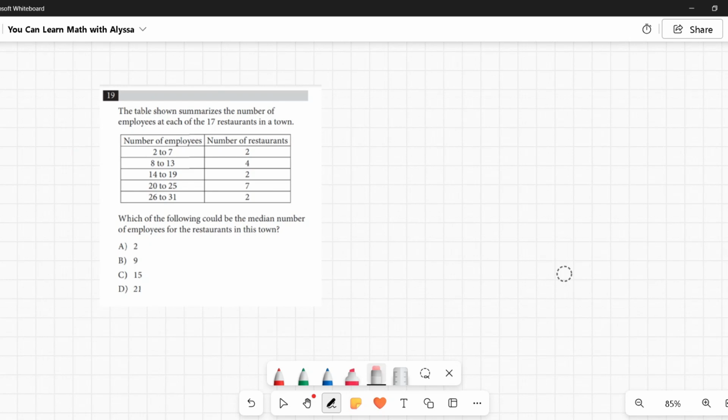Number 19. The table shown summarizes the number of employees at each of the 17 restaurants in a town. Which of the following could be the median number of employees for the restaurants in this town? They're testing our knowledge of what median is for a data set. If I have 5 terms, the median would be the term that is physically in the middle.